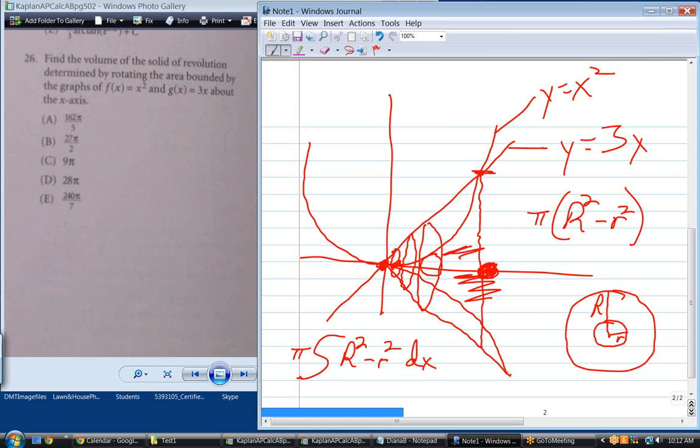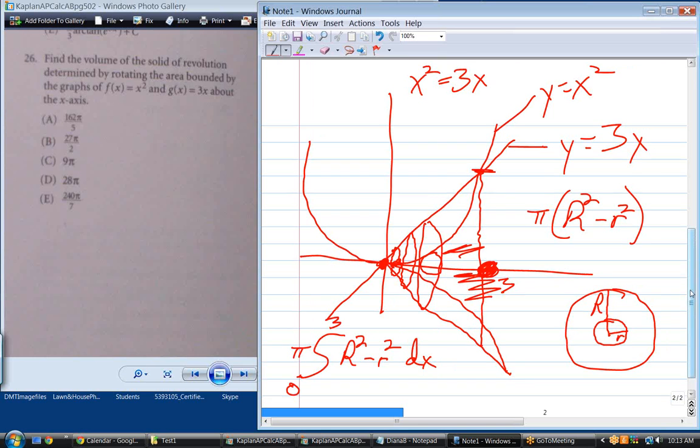So where do x squared and 3x intersect? Where are they equal to one another? If I solve x squared equals 3x, wouldn't they equal each other when x equals 3? And 0. There are 2 points. So this point is the 0 point where they intersect, and this point is 3. So I'm going to do my integration from 0 to 3.